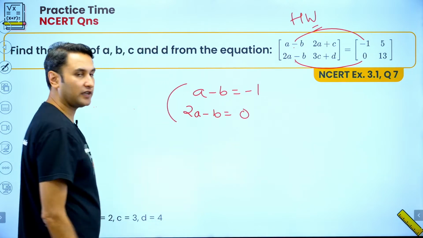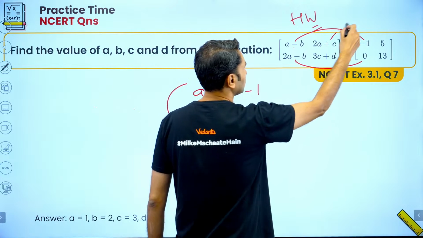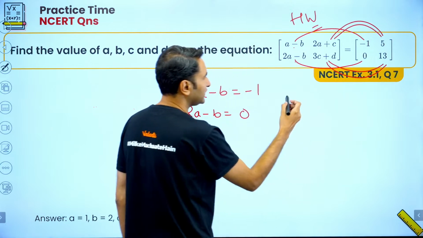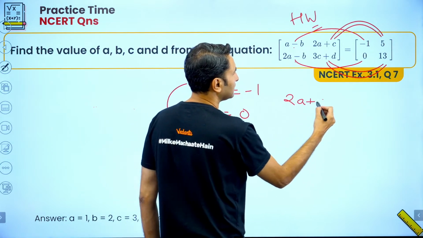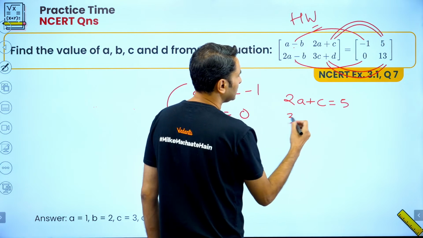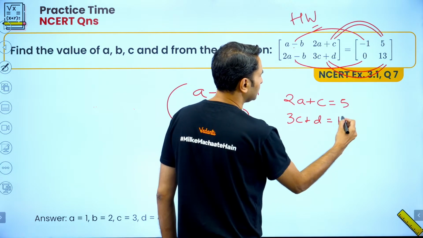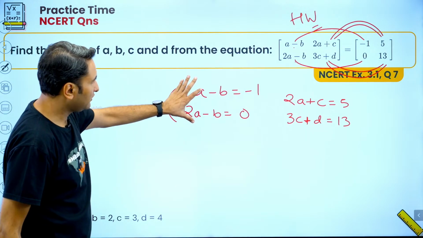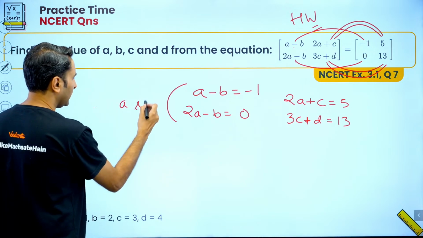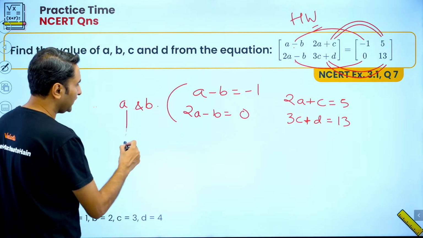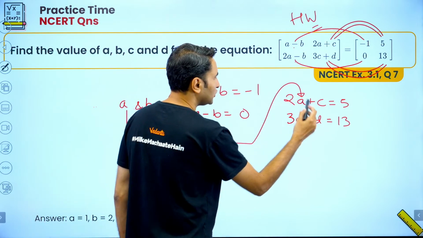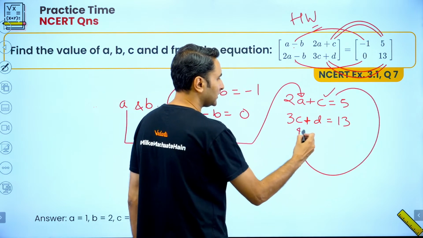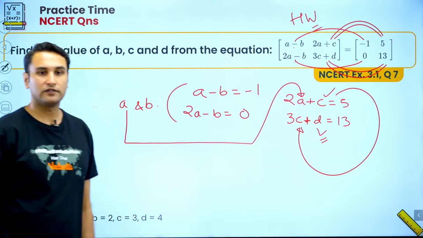So from here you will find a and b, and from these two, this one and this one, you will find out c and d. So 2a plus c is equal to 5, 3c plus d is equal to 13, right? So what should you do? From here find a and b. Once you have found out a, put the value in this, you will get c. Once you have found out c, take its value, put in this, and you will get d. Got it? You can solve it yourself.